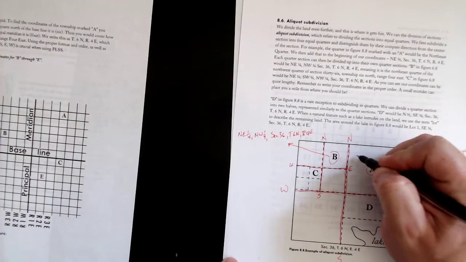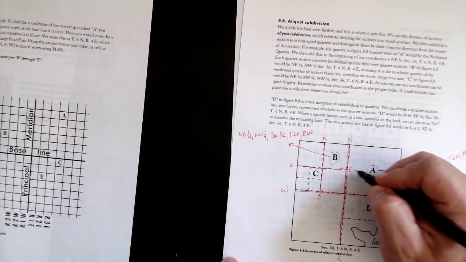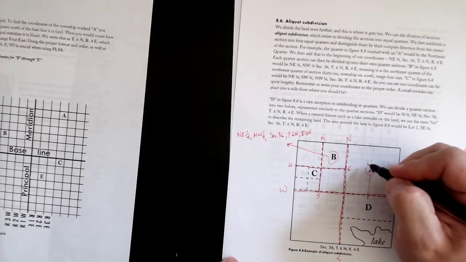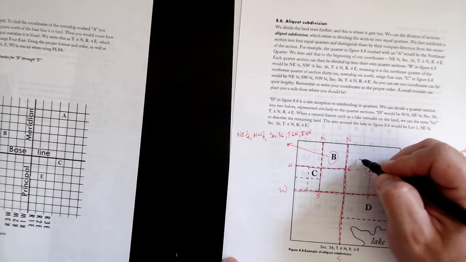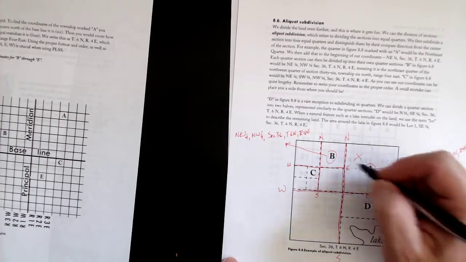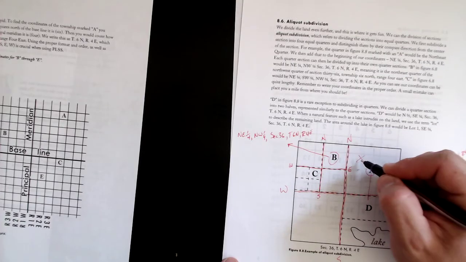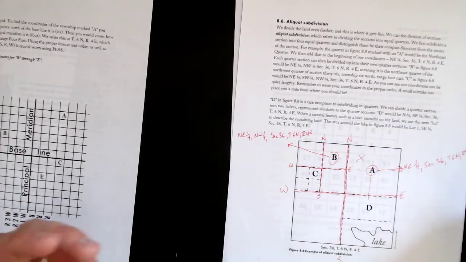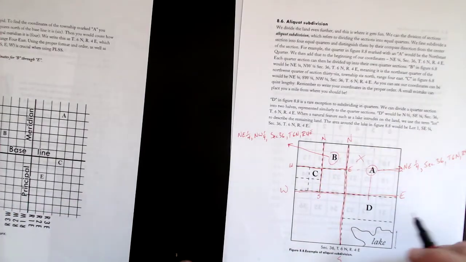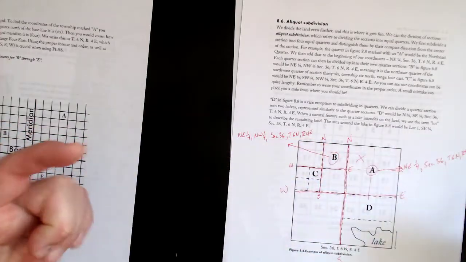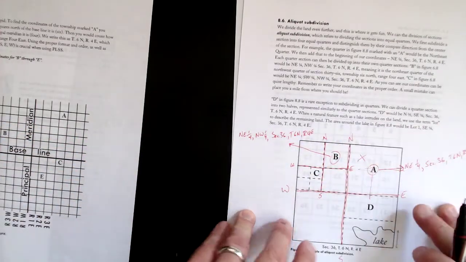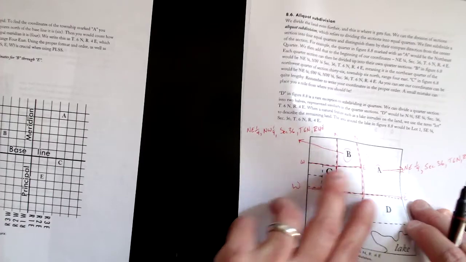That would actually be this guy right here. If we were to divide this up, this would be the northwest quarter right there of the northeast quarter. So it would mean something totally different, right? Just keep that in mind. So smallest to biggest, if you keep that in mind, that'll help you do this properly.